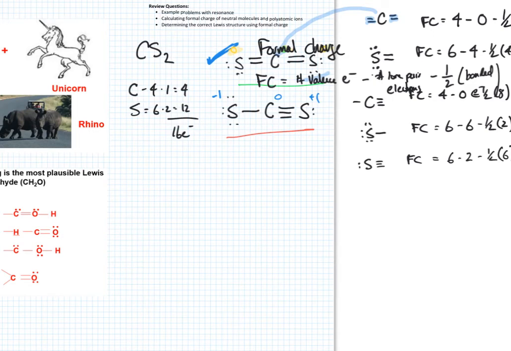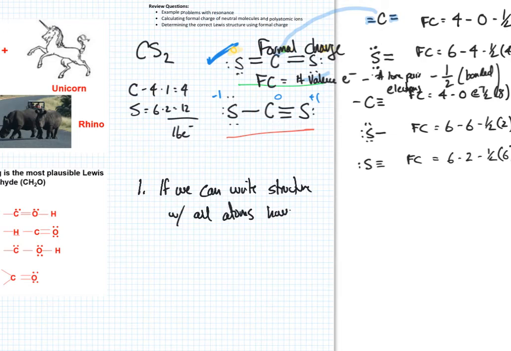Rule number 1, if we can write a structure with all atoms having 0 formal charge, that's going to be the best structure.